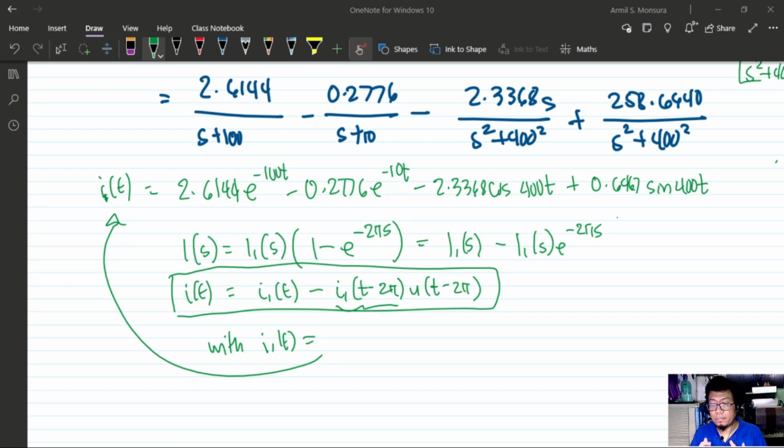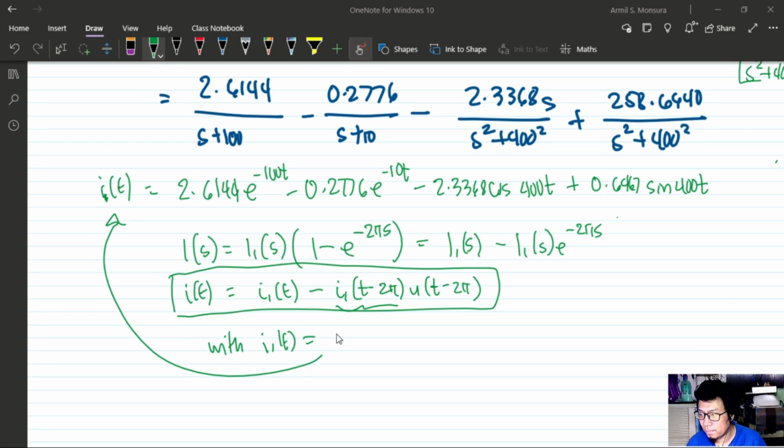So when we take a look at its graph, let's start off first with this one, since this is the very basis. Just take note that in the second term, we will just delay it by 2 pi, and then subtract it from the original.